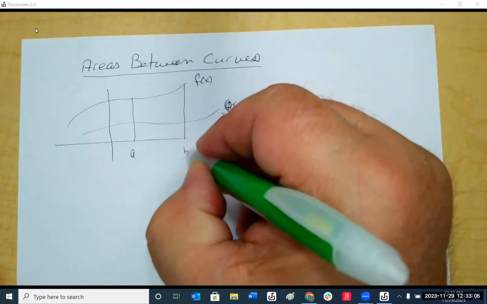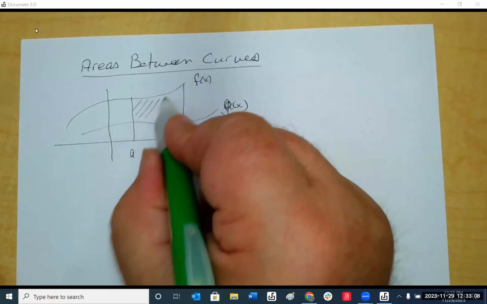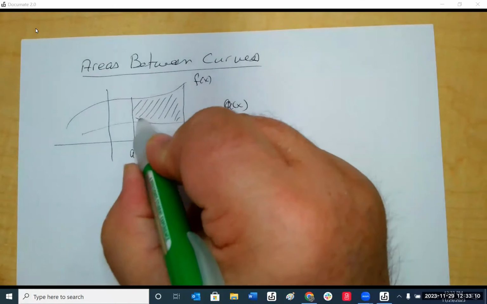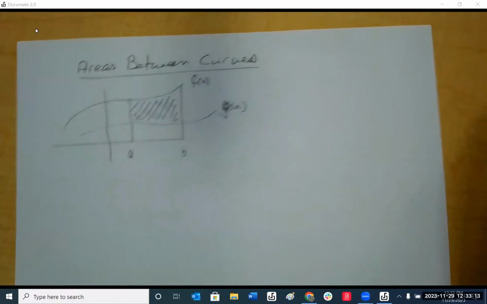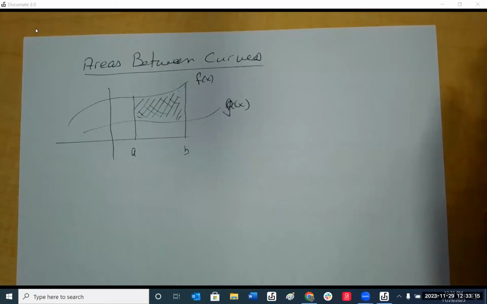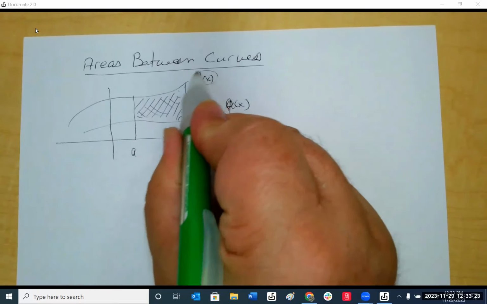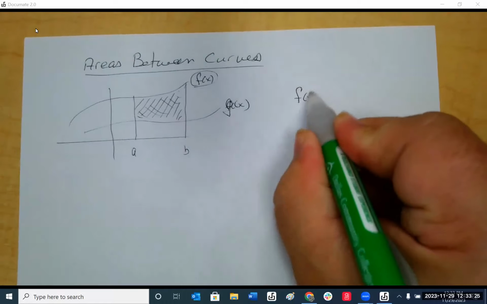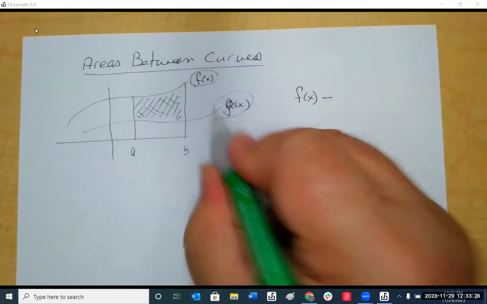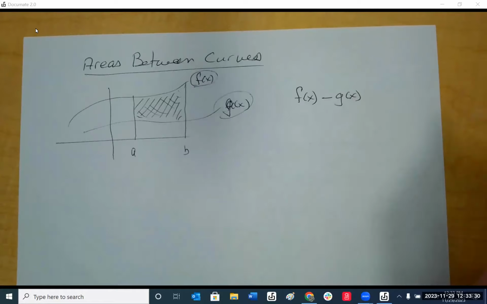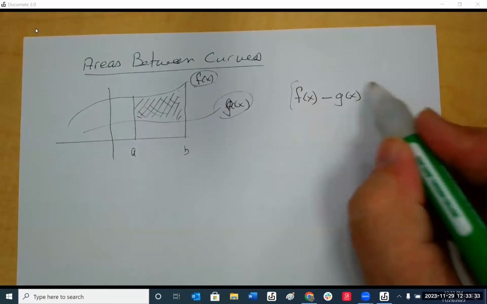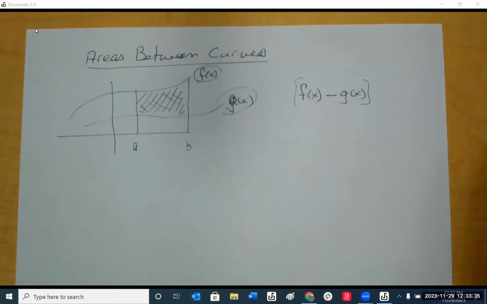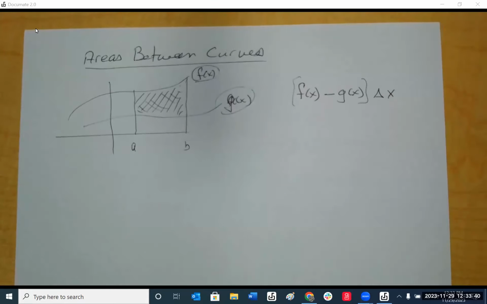There's a, there's b. And if I only want to find this area here, whatever function's on top goes first, minus the one that's on the bottom, times your width.